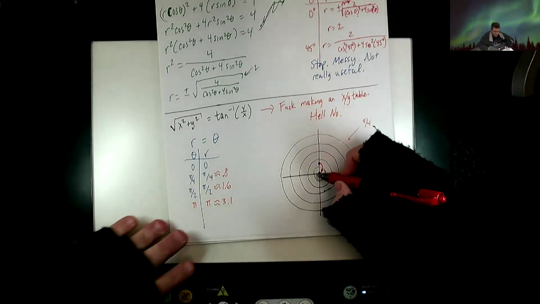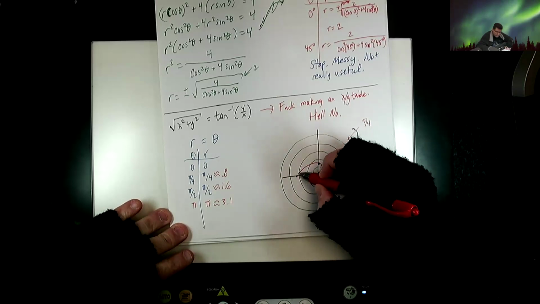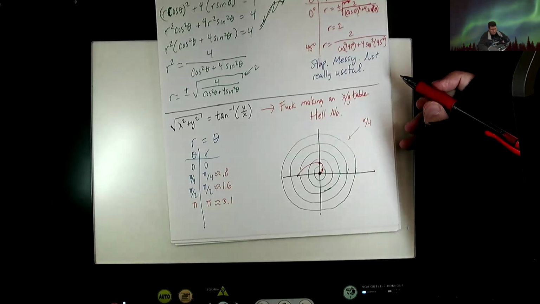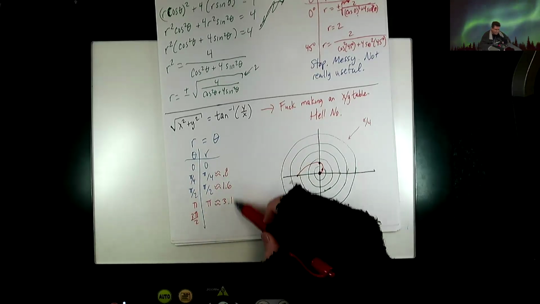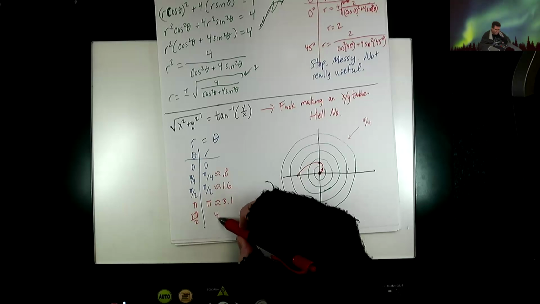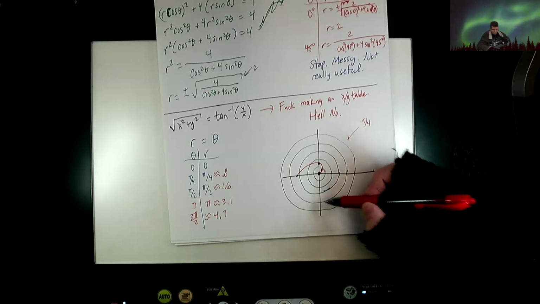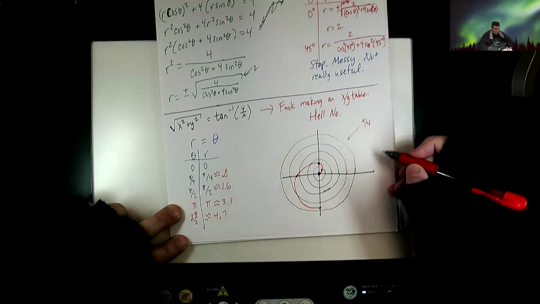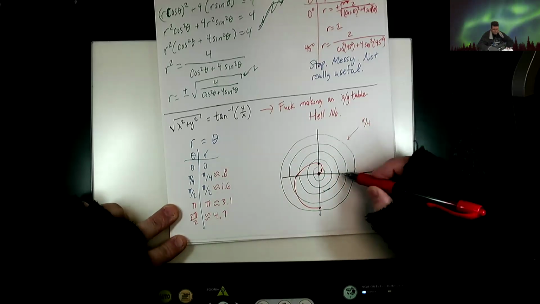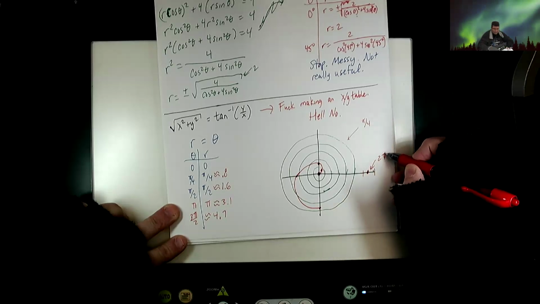Let's say 3.1. 1, 2, 3, a little bit out here. Three pi over 2 is about 4.7. So 1, 2, 3, 4, like down here. And 2 pi would put me right there.